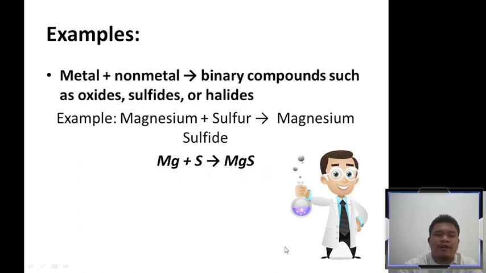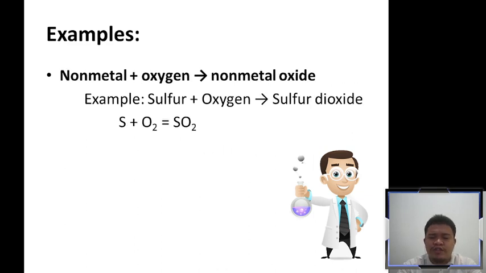Another common combination reaction is when you combine a non-metal with oxygen, you form a non-metal oxide. For example, when sulfur is added with oxygen, it yields sulfur dioxide, or S plus O2 yields SO2.